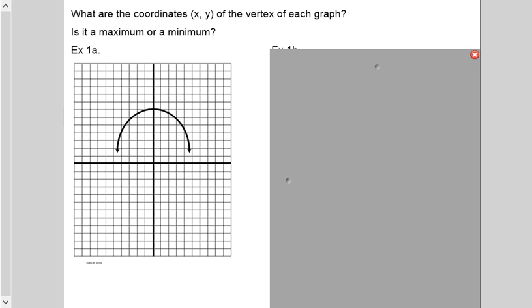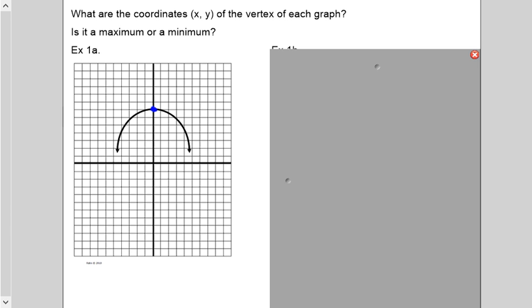Example 1A is this graph right here. The vertex is the highest spot in this graph because it opens downward, so we're looking at the top of the mountain. There's where the vertex would be. I have to find the ordered pair for that. So, X goes side to side, but from the origin I don't go side to side at all.